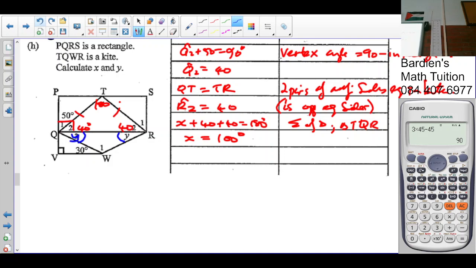Then at this point we can work out this angle here, which is VQW. You all agree I can work out VQW? Sum of triangles, and then angles on a straight line. I think that's going to be the easiest.